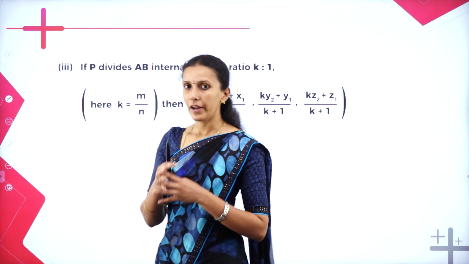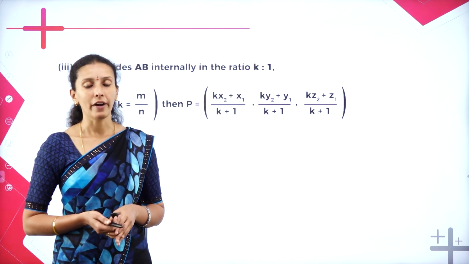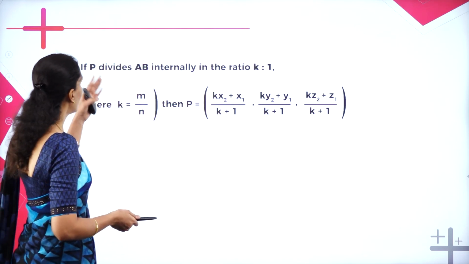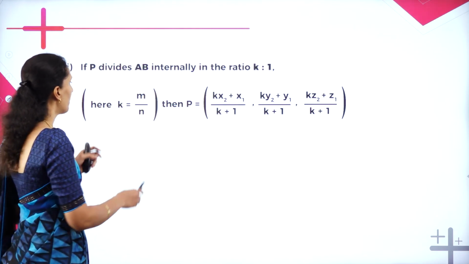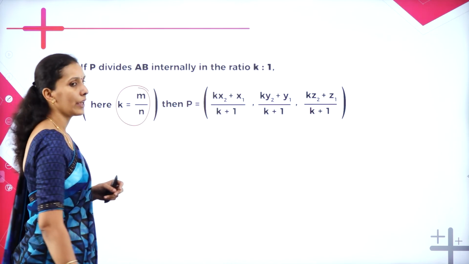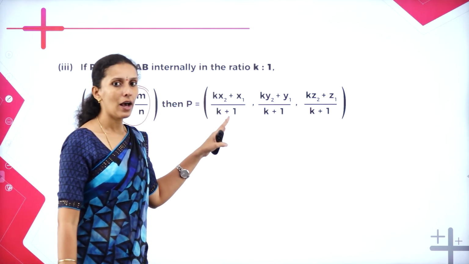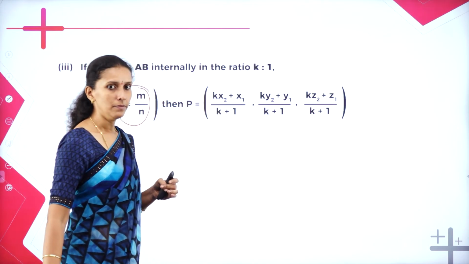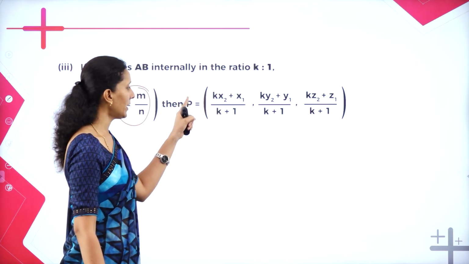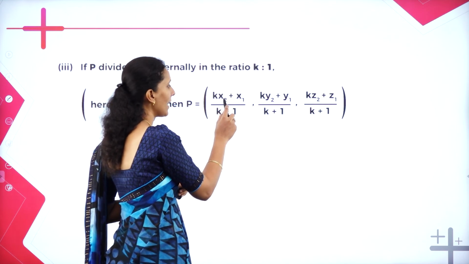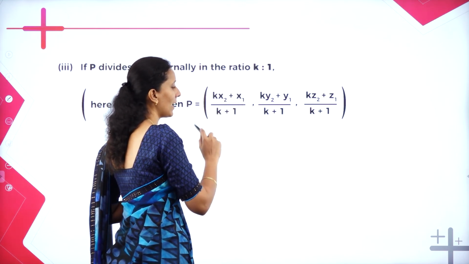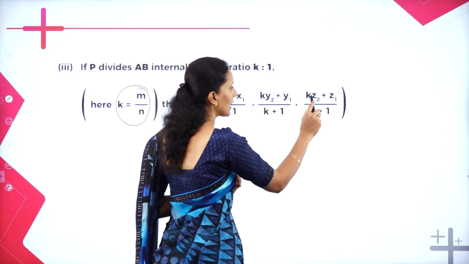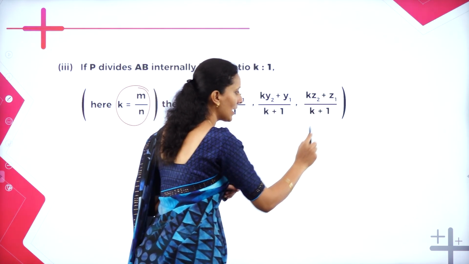Whenever we don't know the ratio, but we have to find the coordinates, what shall we do using the formula? We write the formula using k is equal to m by n. The same formula is used, but instead of m and n, we will write k. So the point P can be written as k x2 plus x1 by k plus 1, k y2 plus y1 by k plus 1, k z2 plus z1 by k plus 1.